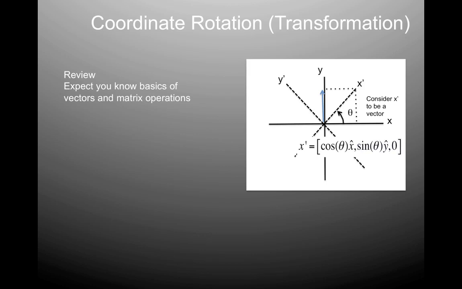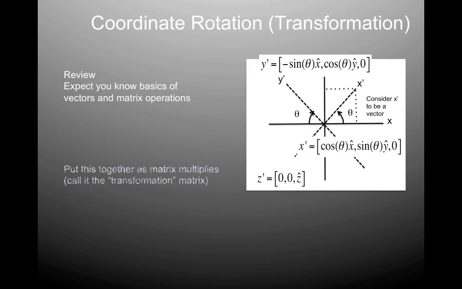And then there's no projection onto the z-axis, so we have 0, and we have then a triplet vector for the x-prime axis. Of course, the same angle theta applies to the y-prime axis as shown there, and y-prime can be represented as vector components of the x, y coordinate system as shown. And of course, in this case, z-prime is the same as the old z.